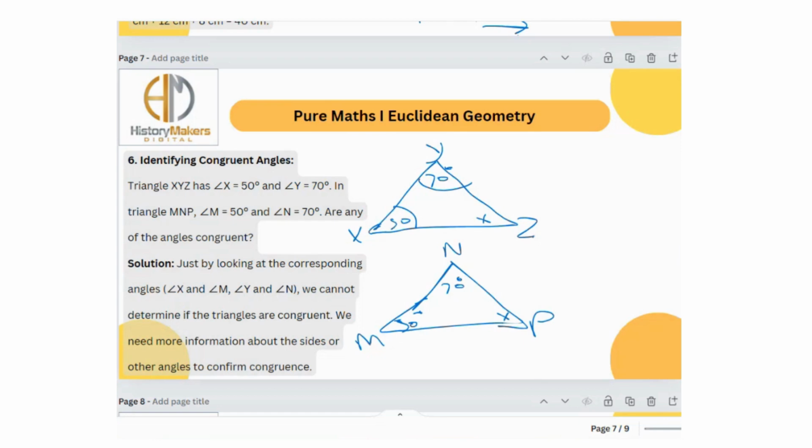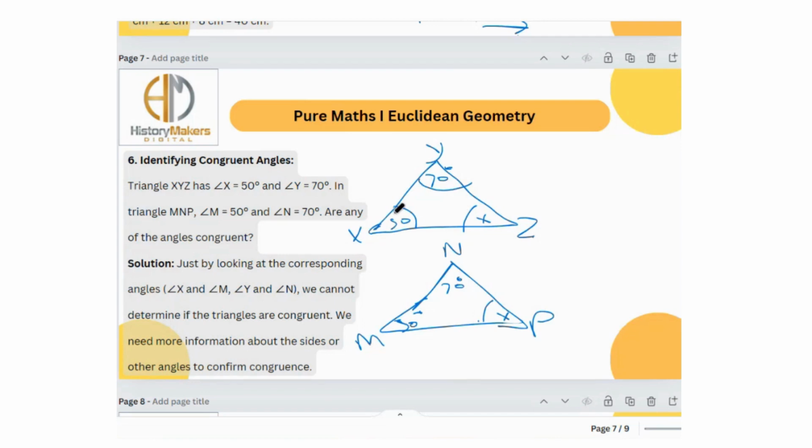Then, are any of the angles congruent? Now they're asking the question. The solution says, just by looking at the corresponding angles, angle X and M, Y and N, we cannot determine if the angles are congruent. We need more information about the sides or other angles to confirm congruency. So basically what they're saying in a sense is that first calculate these, then you can confirm congruency.